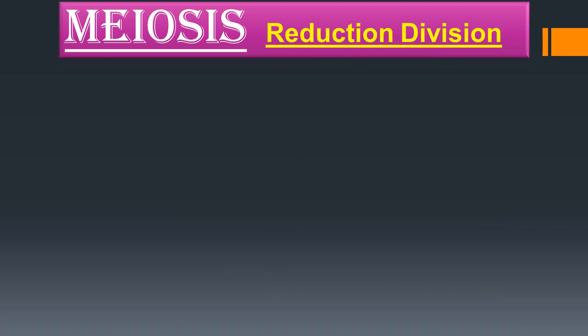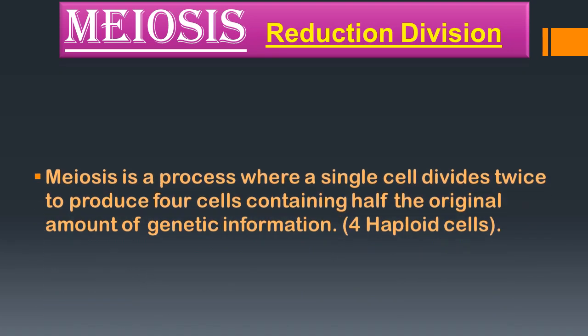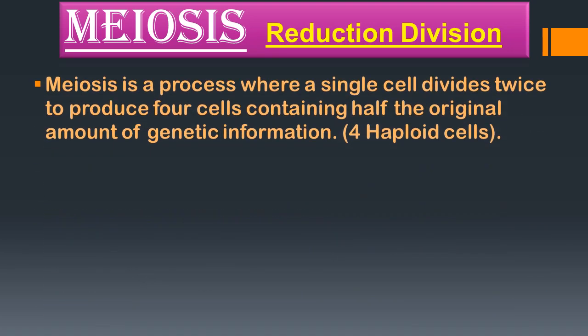Students, meiosis is also called a reduction division, a type of reduction cell division. So why is this called a reduction cell division? Because meiosis is a process where a single parent cell divides twice to produce 4 cells containing half the original amount of genetic information.